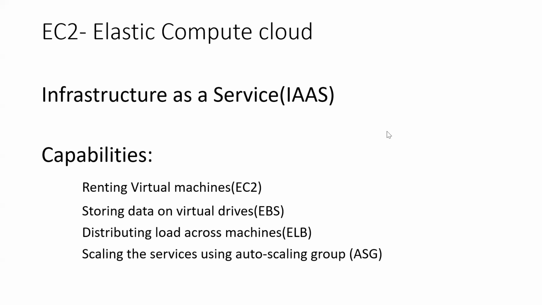So what are the capabilities? Renting virtual machines, that is EC2. Storing data on virtual drives, EBS. Virtual drives means the hard disk. Whatever we can see in our local laptop, the drives, C drive, D drive, those are the EBS, storing data.